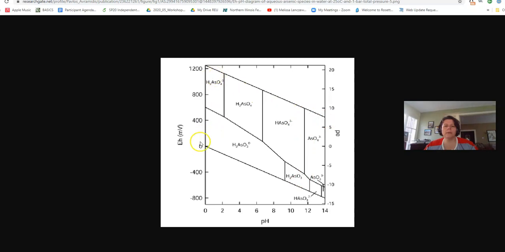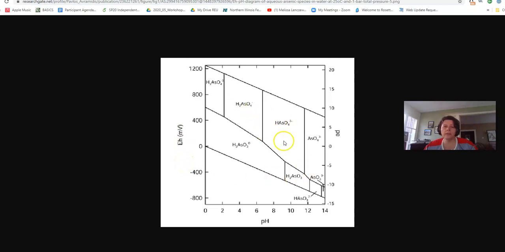This upper line and this lower line represent all of the areas where water exists in its normal phase. Above this and below this doesn't exist in our normal natural system. And this is all the different species of arsenic that can exist depending on the pH and how reducing the environment is.